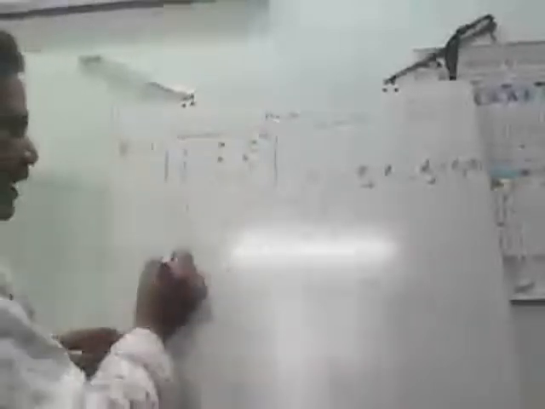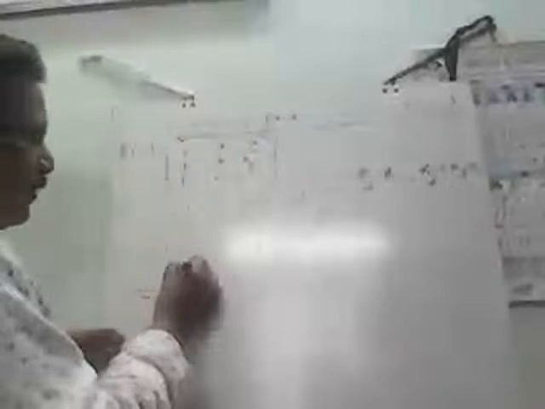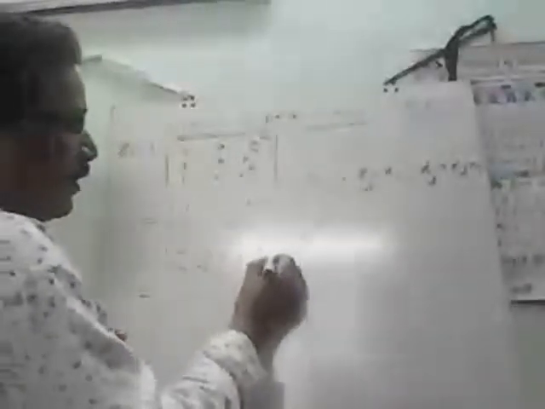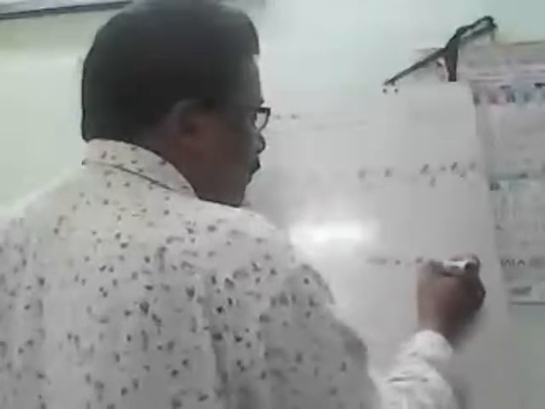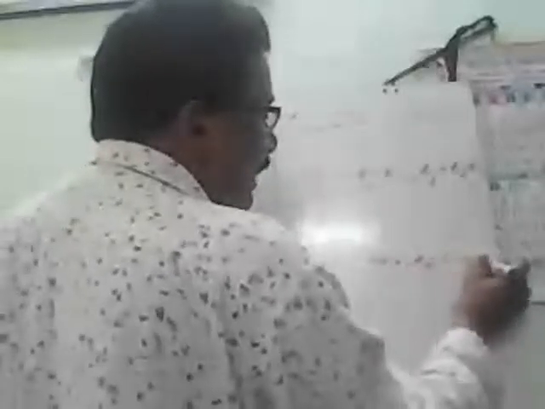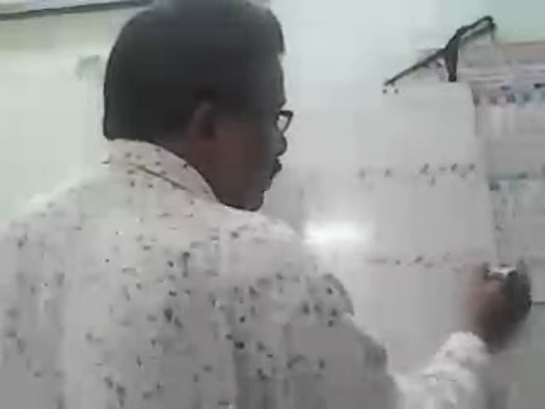Write down: taking common b minus a along row 2 and c minus a along row 3, we get b minus a into c minus a.